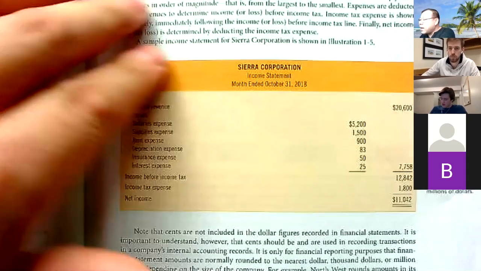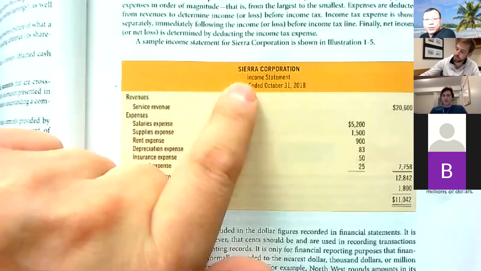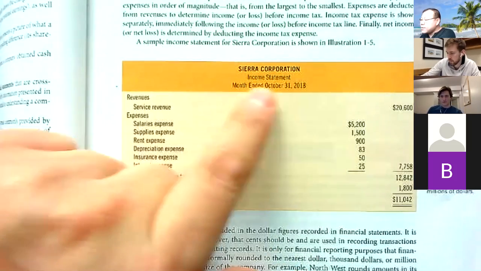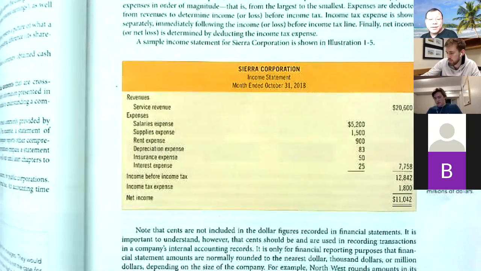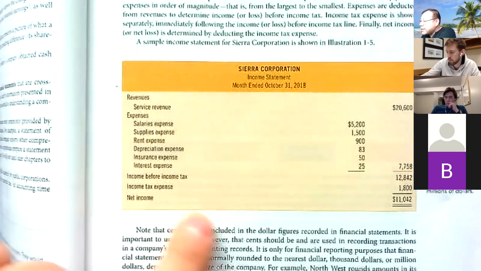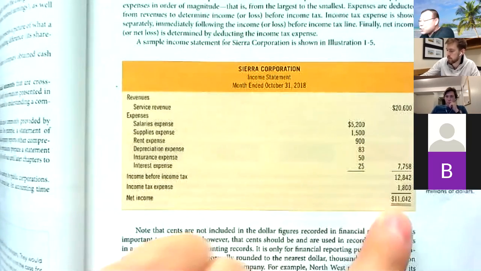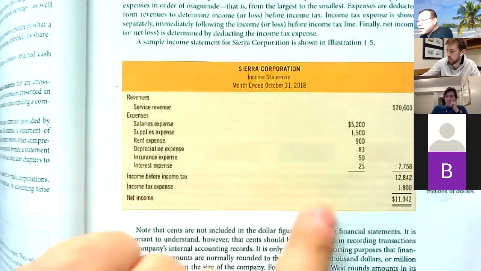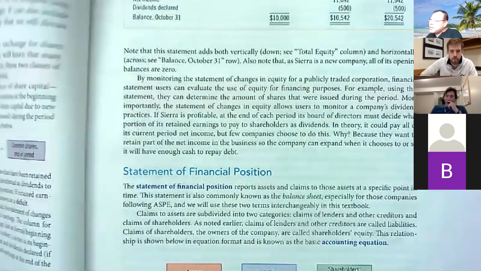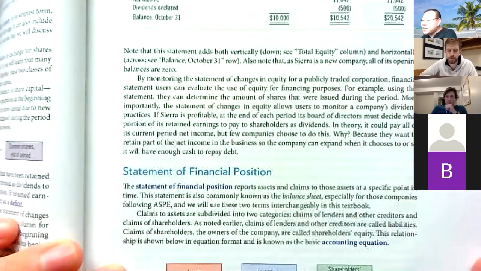This is the income statement, so you always prepare this first. You get a number called net income, and you are going to need this number for the second statement. Turn to page 17.